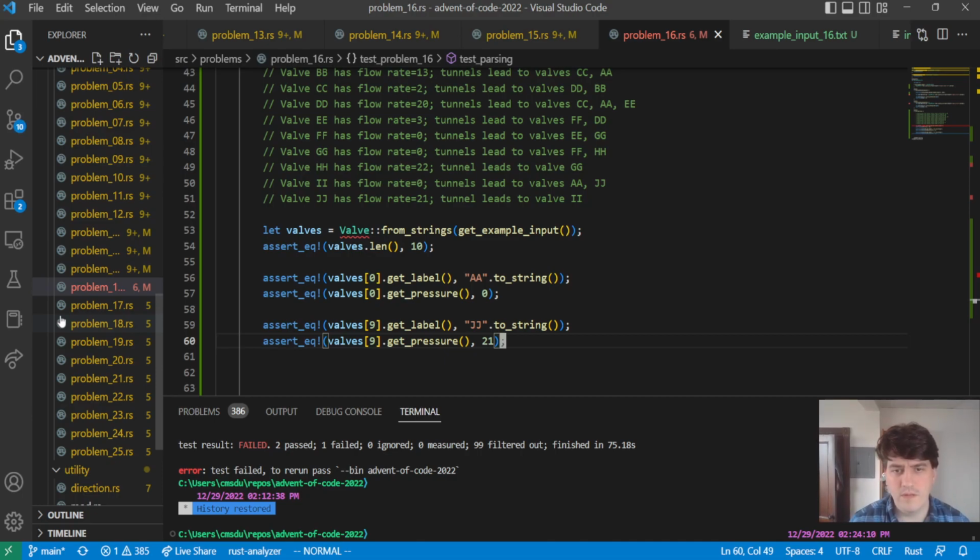And then the way they'll know about each other is just by having indices to each other.